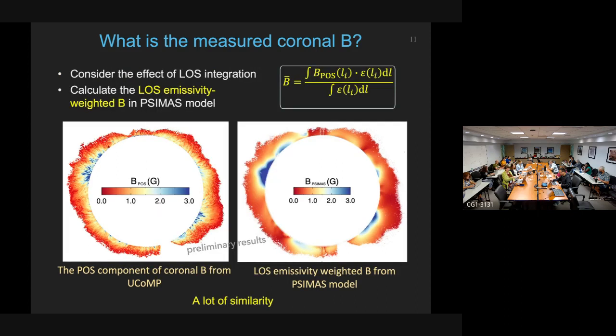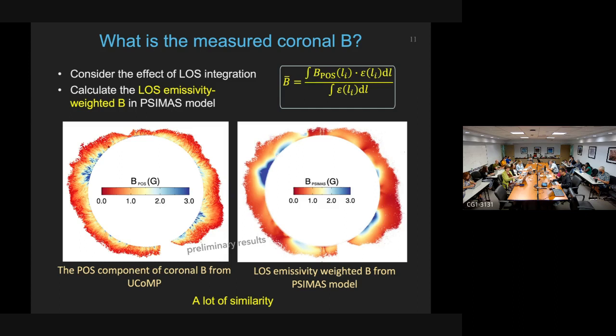If we consider the effect of line-of-sight integration, and if we assume that the magnetic field we derived from UCoMP is actually the result of the emissivity weighted magnetic field, then we can compare the measured results with the one from the PSI model. So here on the right, it is the emissivity weighted magnetic field from the PSI model.